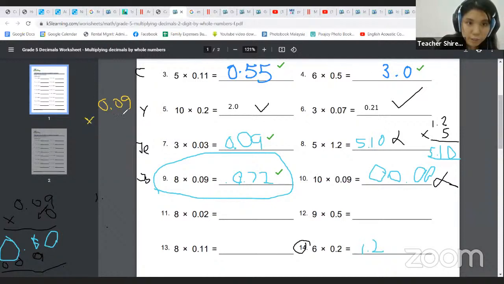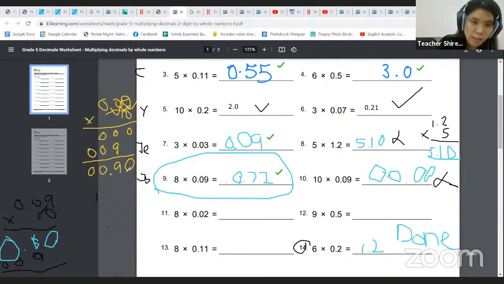Okay. 0.09 times 10. So 10 times 0, you see all 0 here, you see 0, 0, 0. Here, then it's 100, 100. So altogether is 0, 0, 9, 0. So 2 decimal places, 1, 2. So it's 0.090.